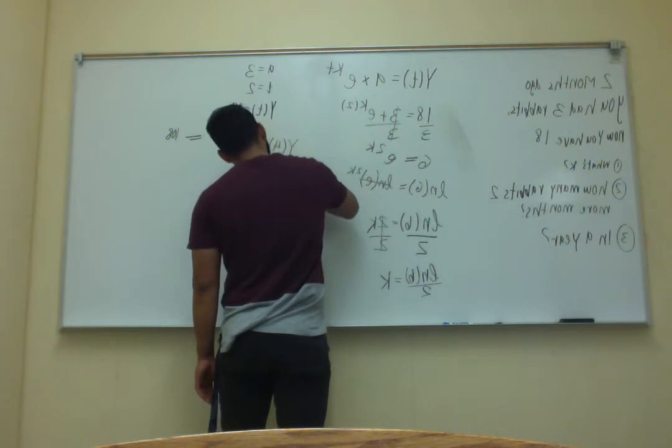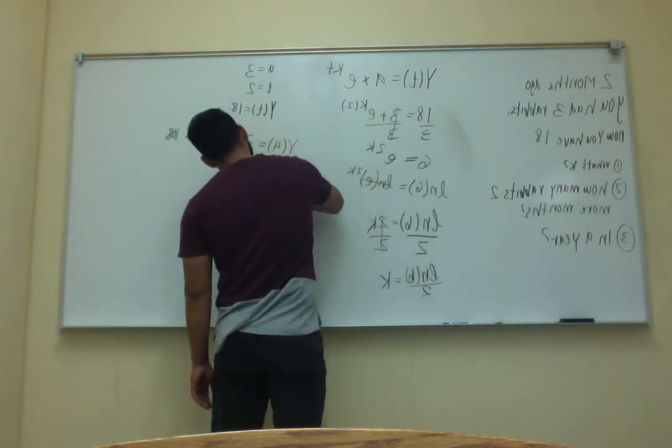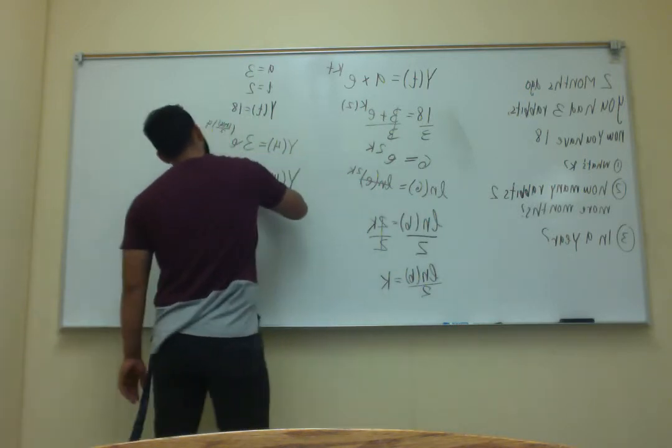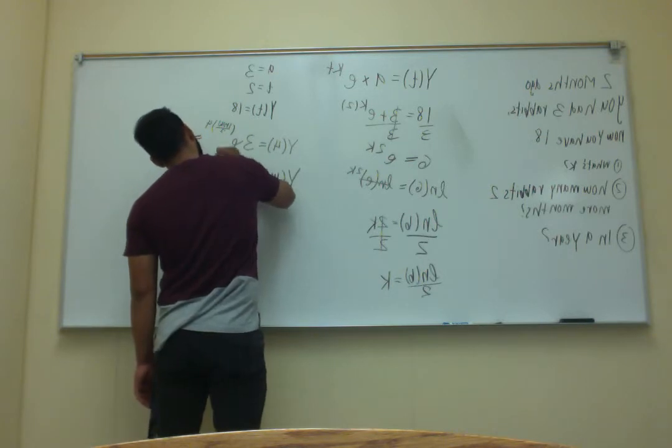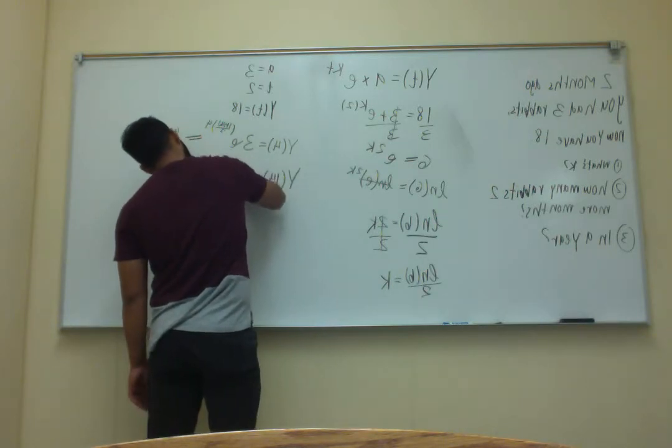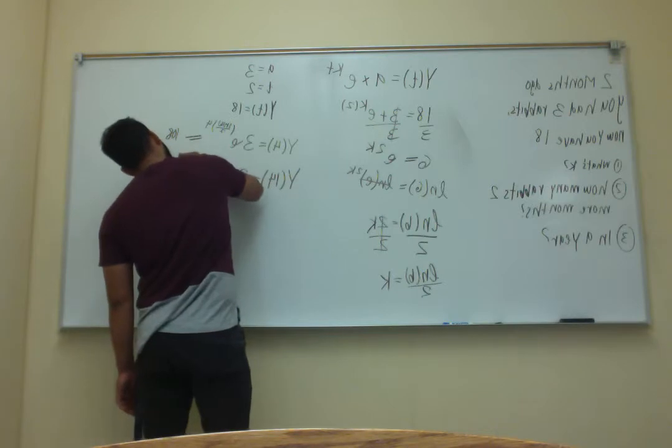y(14) equals 3e to the power of (ln 6 over 2) times 14.